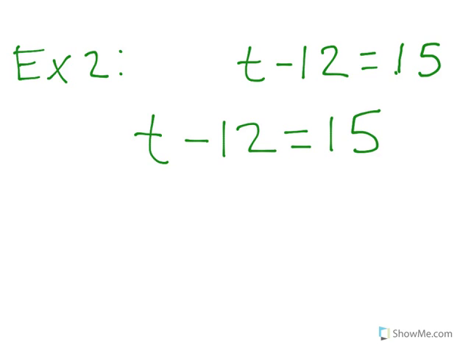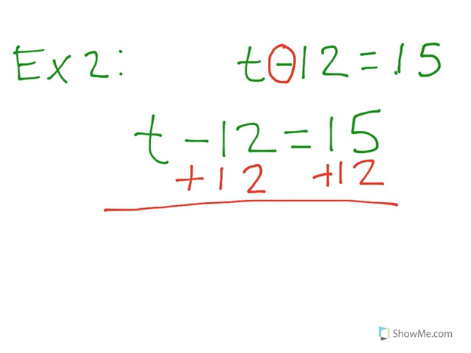Now I'm going to recognize what the operation in this equation is. The operation is subtracting, so I know I have to use adding when solving. Instead of t minus 12 equals 15, I'm going to add 12 to both sides, because minus 12 plus 12 is going to cancel out to 0, and that's our goal, to get our variable by itself.